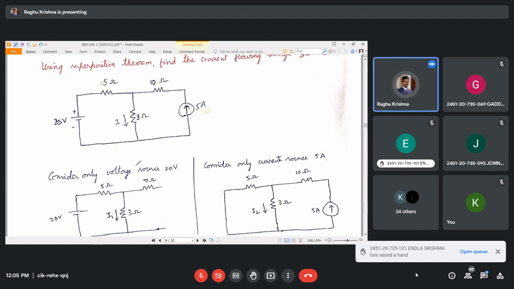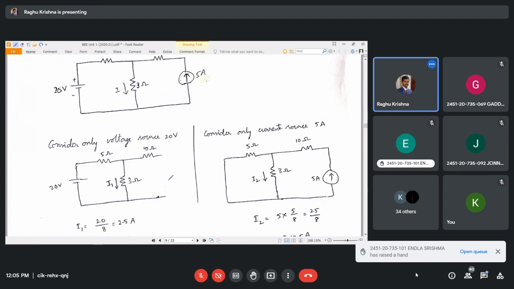Now if you consider only the voltage source 20 volts, then this is the circuit. We are finding the response due to this voltage source by replacing the other energy sources with their internal resistance. So internal resistance for current source is infinity. So this is the diagram.